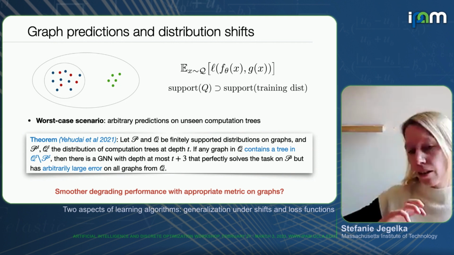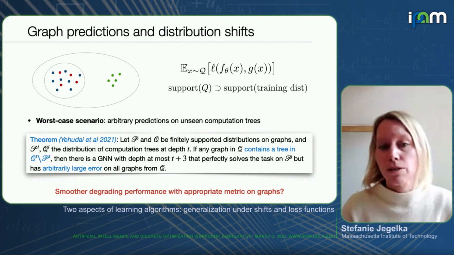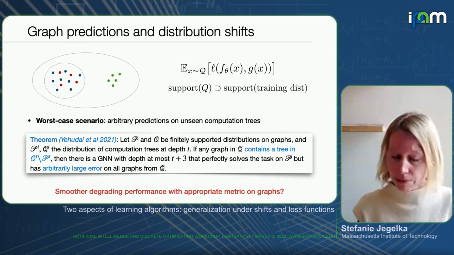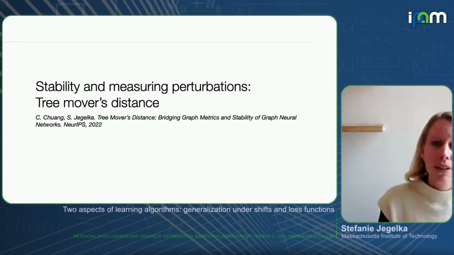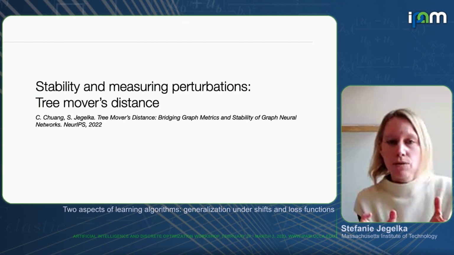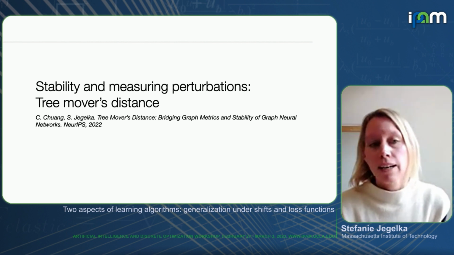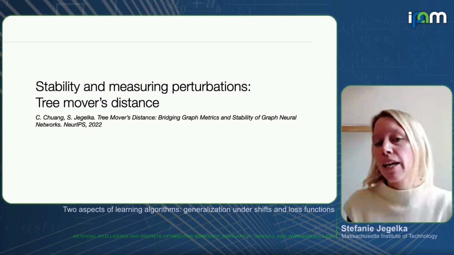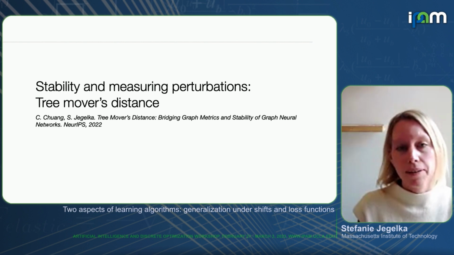So what is an appropriate metric in the space of graphs to measure this data shift? There are many different graph distances I could use, and that's what I want to think about a little bit here. What we want is a good metric or pseudo metric in the space of graphs that well reflects how the graph neural network would behave in terms of perturbations of the data.